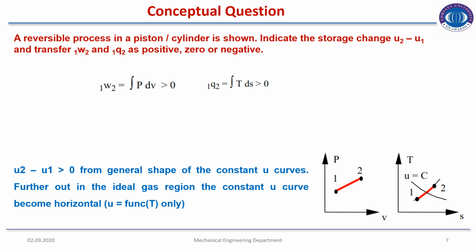U2 minus U1 will be greater than 0 for the general shape of constant U curves. Further out, in the ideal gas region, the constant U curve becomes horizontal because for an ideal gas, U is a function of temperature only.